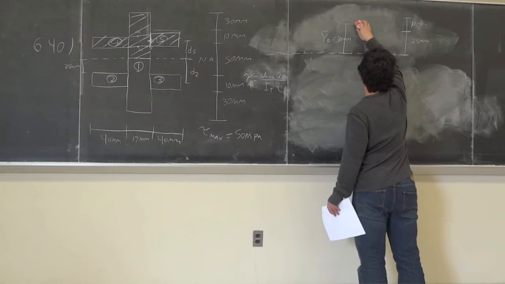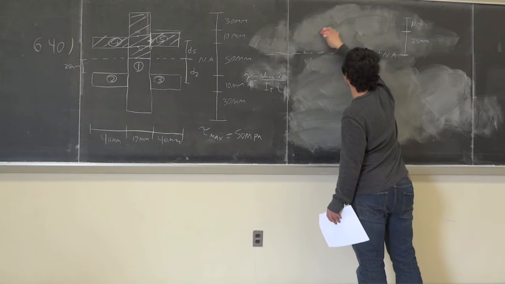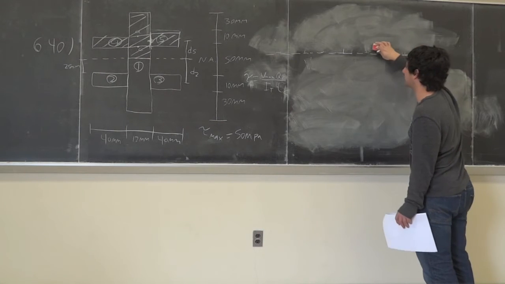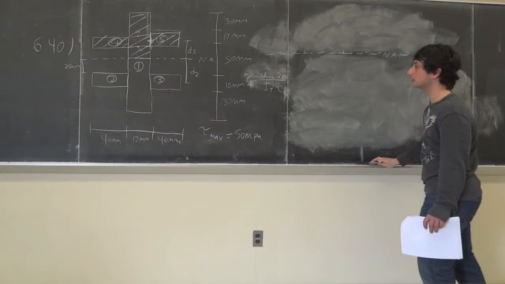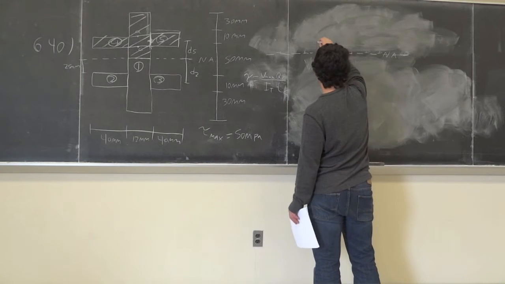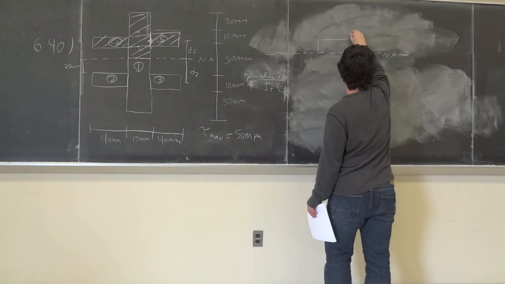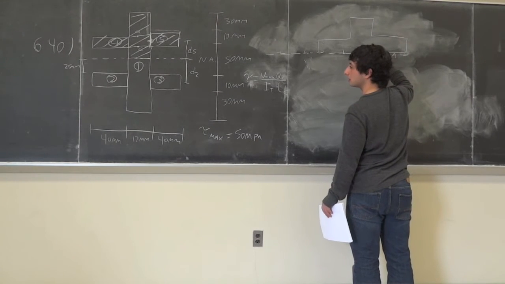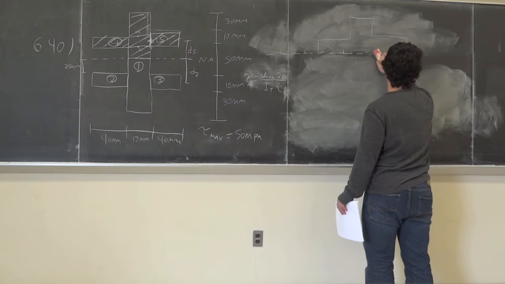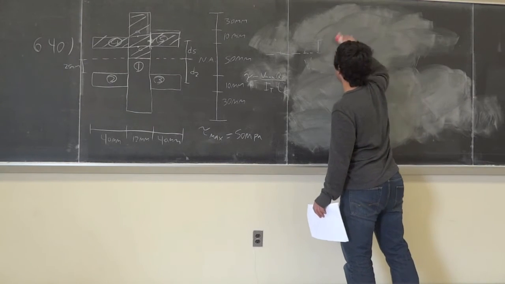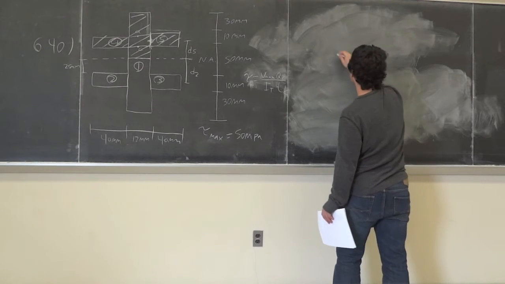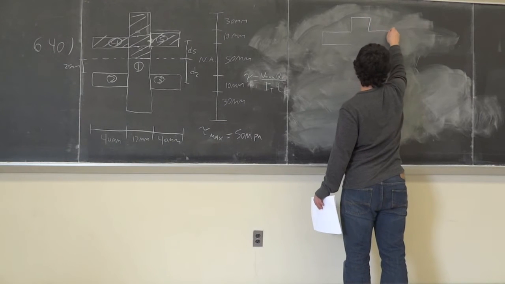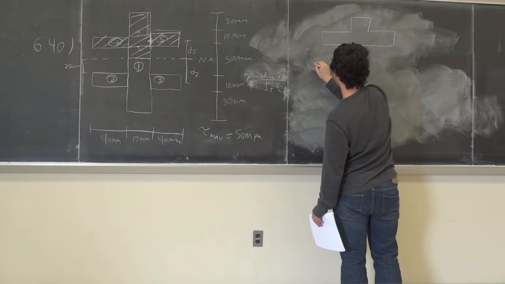So let's draw that. This is important because something like this is going to show up on your exam if he asks anything. Wait, what am I drawing? I'm drawing it on the neutral axis. That's not right. The neutral axis is over here.